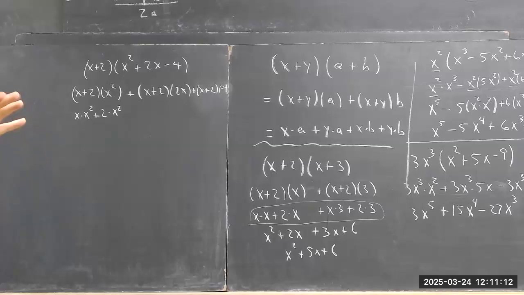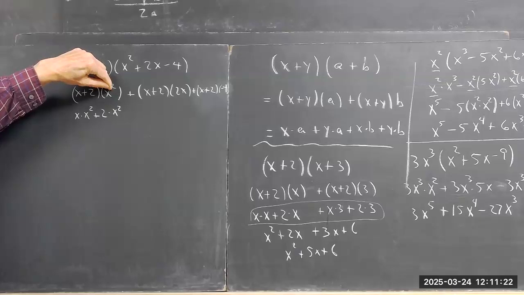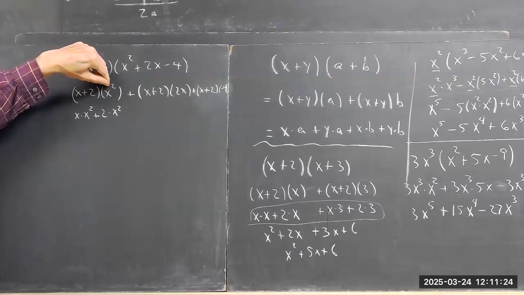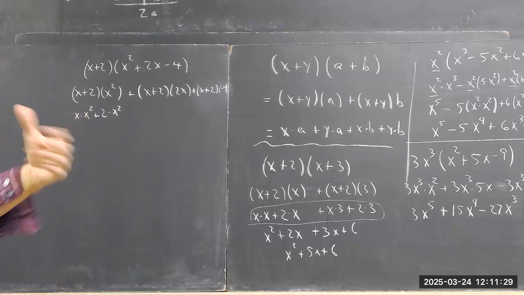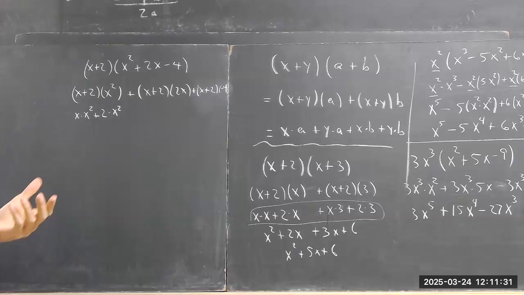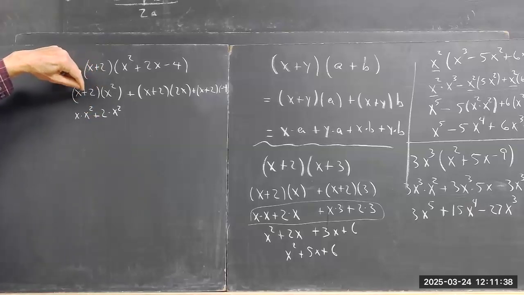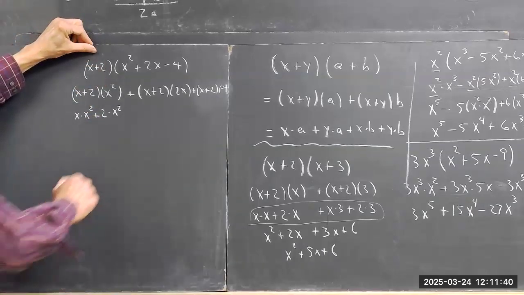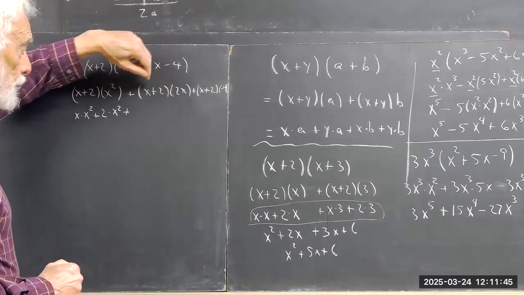Now, if you're a little shaky on this, I wouldn't write x cubed here. I'd write literally x times x squared and 2 times x squared. In the next step, you can write the x cubed. X cubed would be right, but don't think about adding the exponents at this point. Think about writing this times this plus this times this. And then here, well, x plus 2 is multiplying 2x.